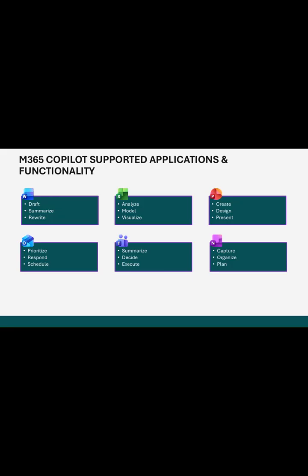In Outlook, it prioritizes messages, drafts responses, and schedules replies. In Teams, Copilot summarizes discussions, supports decision-making, and helps move work forward. And in OneNote, it captures information, organizes notes, and supports planning. Additional learning resources are available to help you build skills and explore prompts.